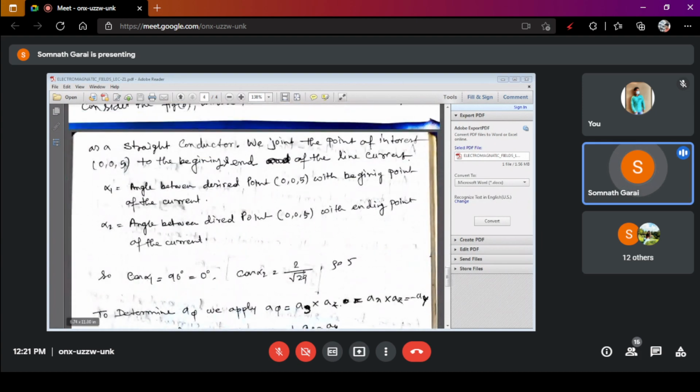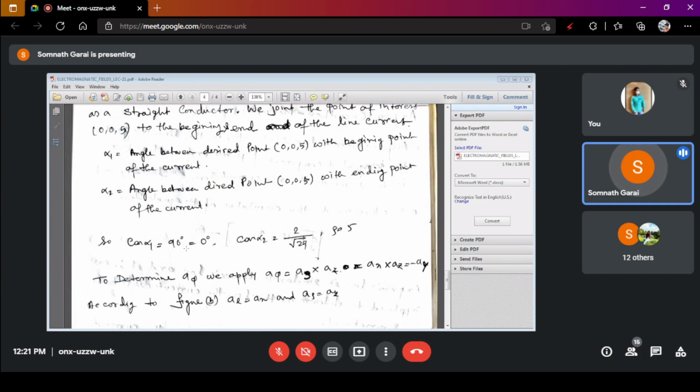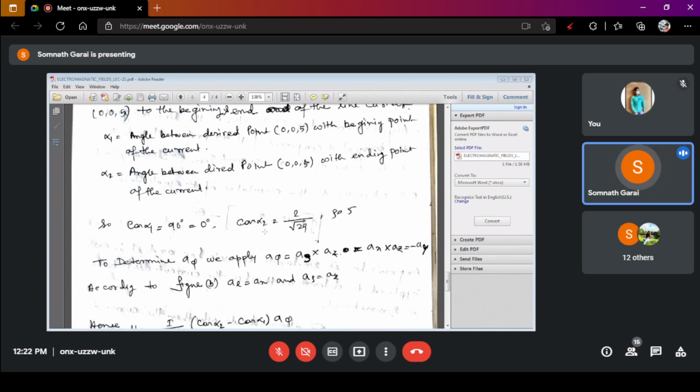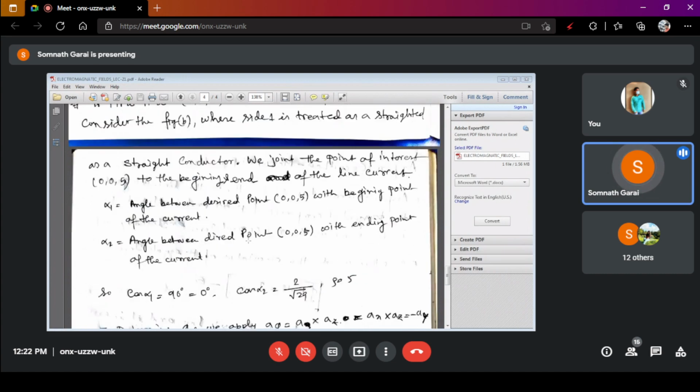Now, if alpha 1 equals 90 degrees, then cos alpha 1 equals 0. And for alpha 2, we have to calculate cos alpha 2.